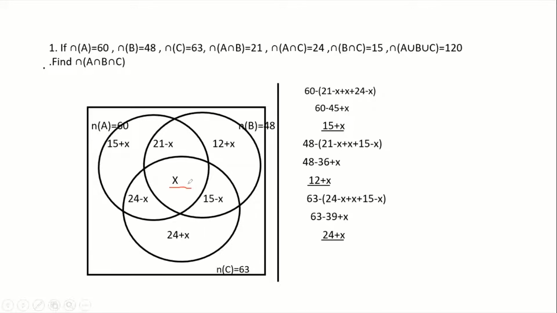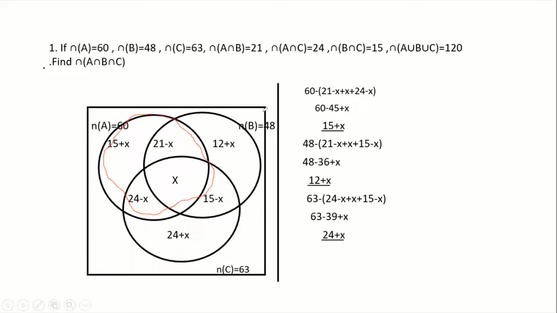Now, as we have our X as an intersection, we shall fill in our Venn diagram depending on our question. The number of elements in A is equal to 60. This circle here represents those in A, so the whole of this circle is equal to 60.